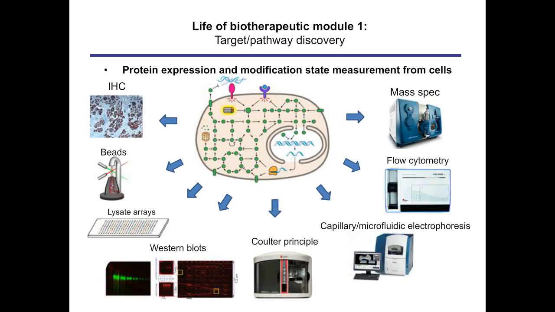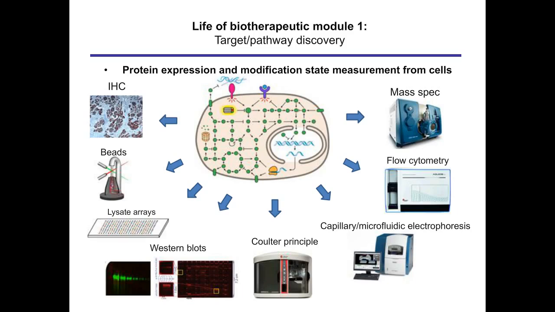So at the beginning of the life of the biotherapeutic, we have the target pathway discovery phase, where we're trying to understand the biology that exists in normal biological processes and that is dysregulated during the course of disease.